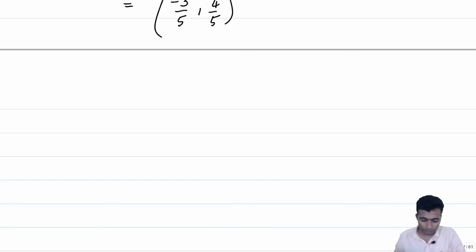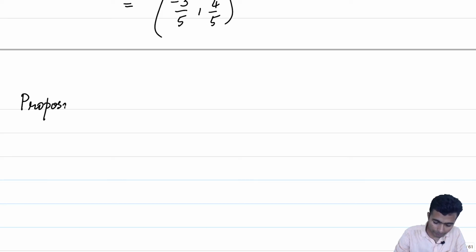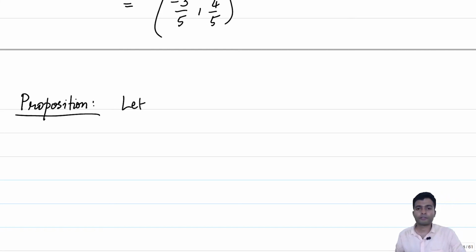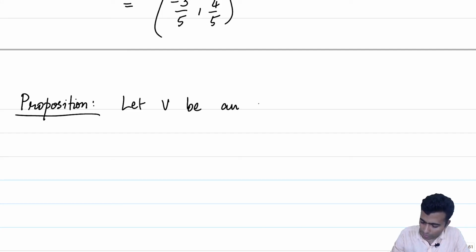Alright, so this projection is quite special in some sense. In some sense, it captures that vector in the subspace W which is closest to this given vector. Let me write it down in a proposition to make it precise. So, let V be a finite dimensional inner product space. This is important.